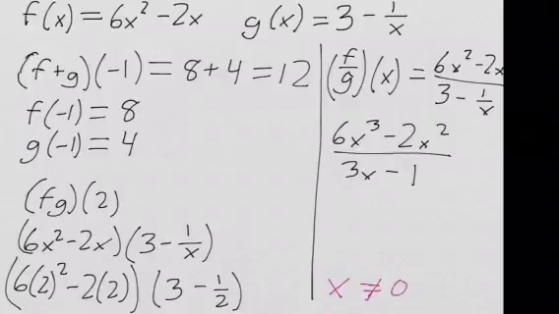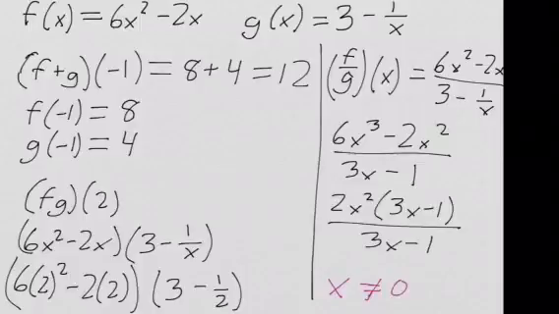So we have a common factor of 2x squared times 3x minus 1, over 3x minus 1. We'll cancel these out, but again, we've got to be careful about that denominator not being 0. So we can't have x equal 1/3.